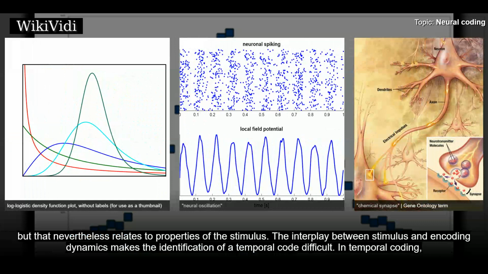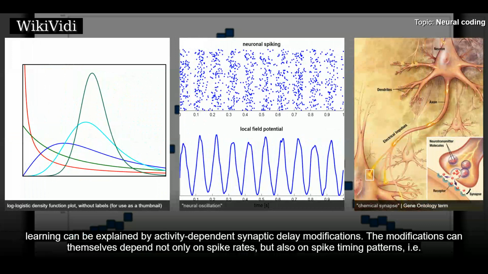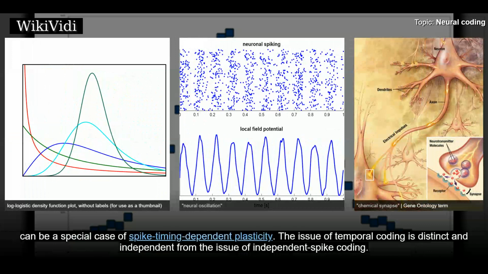In temporal coding, learning can be explained by activity-dependent synaptic delay modifications. The modifications can themselves depend not only on spike rates, but also on spike timing patterns, i.e., can be a special case of spike timing-dependent plasticity. The issue of temporal coding is distinct and independent from the issue of independent spike coding.